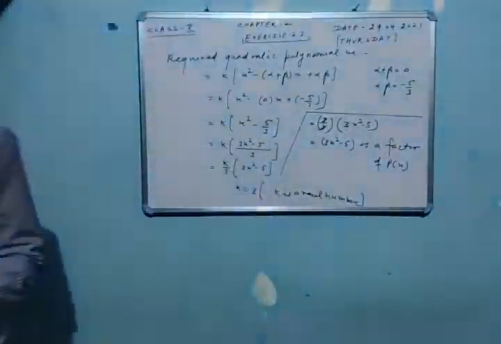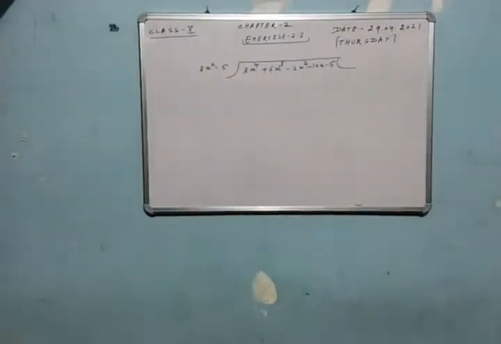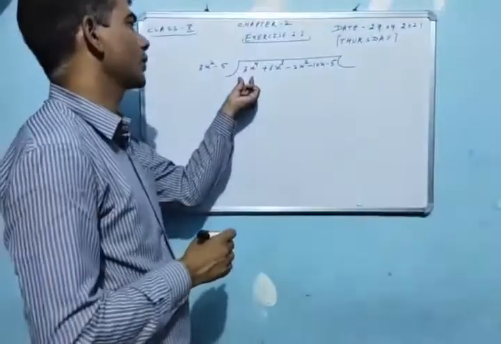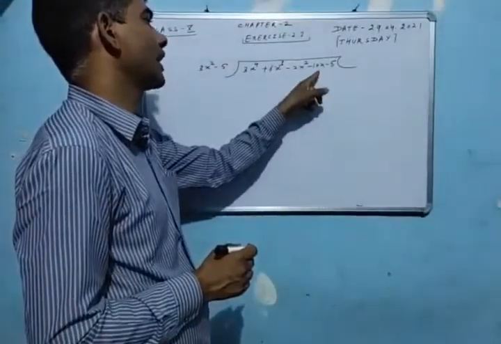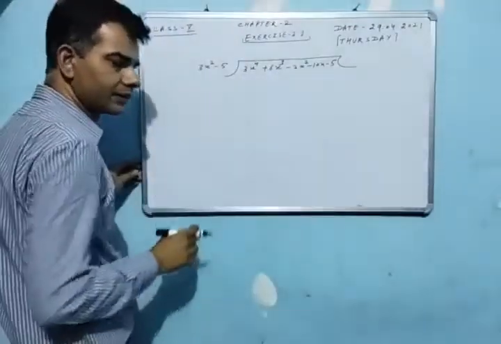Students, please note it down. We will divide the polynomial 3x raised to power 4 plus 6x cube minus 2x square minus 10x minus 5 by 3x square minus 5.